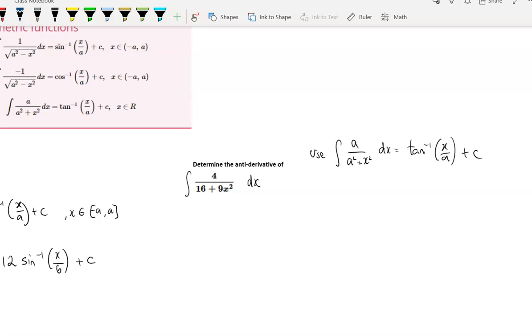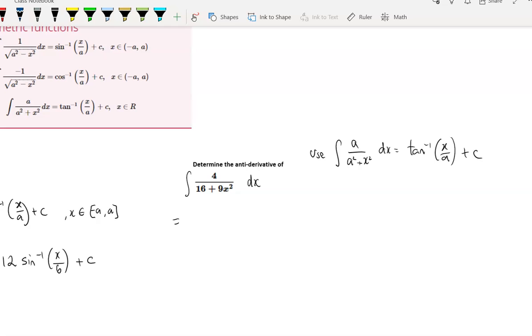Now we've got to work out how we're going to put the function we've got into the form that we want. First of all, what you need to notice is that the coefficient of x squared is not 1. So the second thing, we're going to take the 4 out. We'll move it away for the moment, just to get it out of the way. We may need to put it back later, but we'll wait and see.